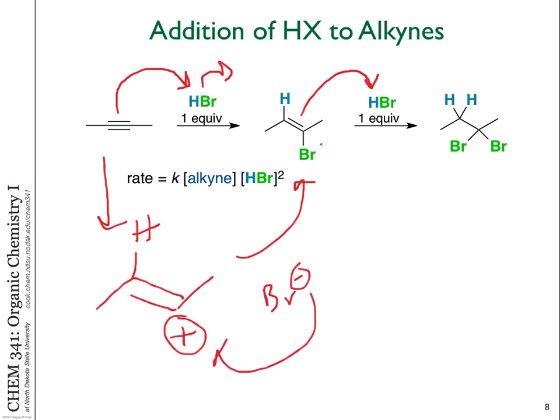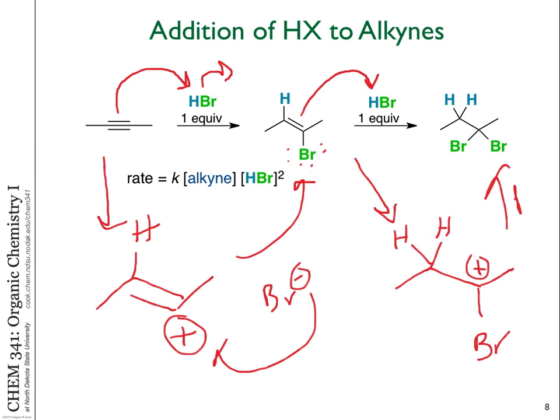It has all of these lone pairs around it which can help stabilize adjacent plus charge. So this would generate the more substituted carbocation, just like we've always talked about in alkenes, and then Br minus would react. Okay?